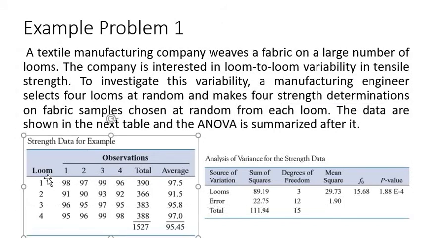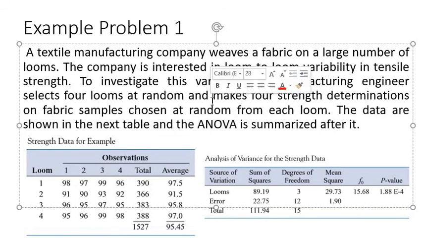You will notice that the manufacturing engineer chose 4 labels of loom at random and 4 observations for the strength determination. So you will just total them: the grand total and the average of each label.